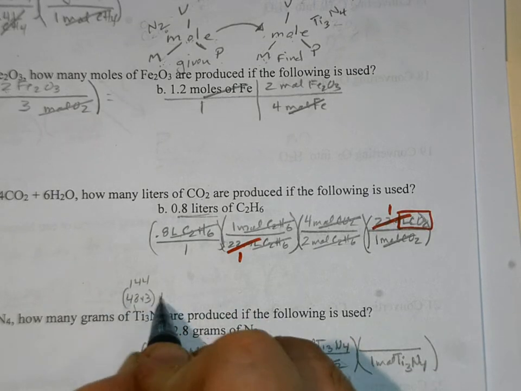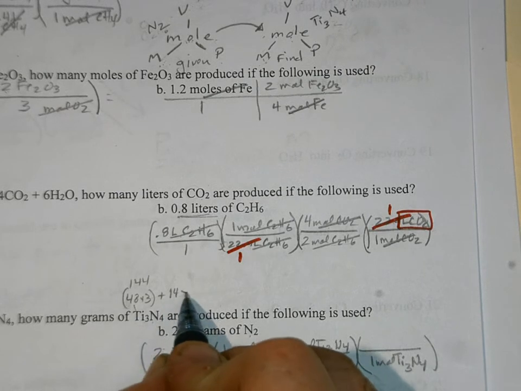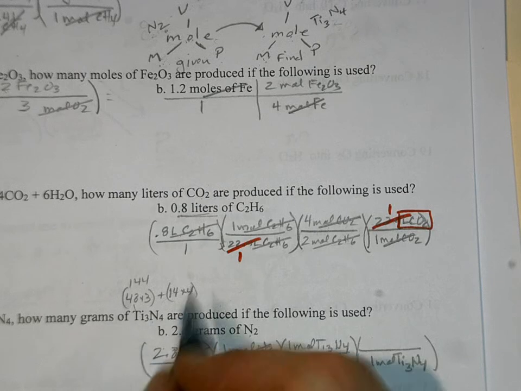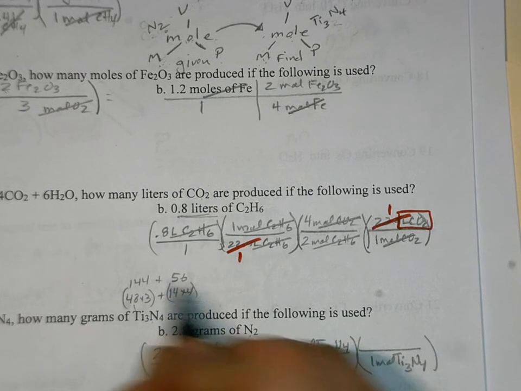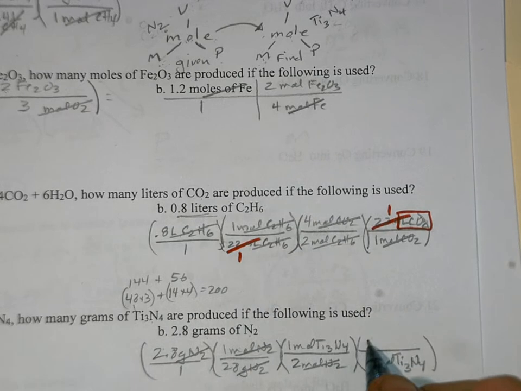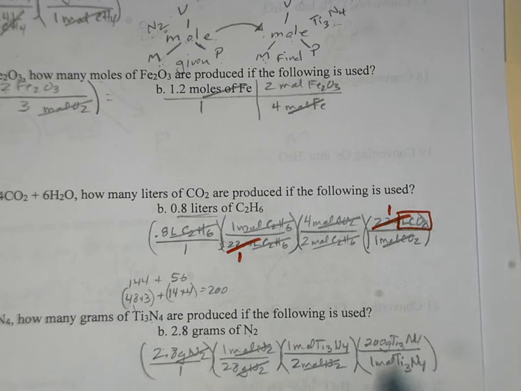Okay, so now we've got to add that to nitrogen's mass, which is 14, and there's 4 of those. When we multiply that together, I think that comes to 56. So when we add those two together, it's going to equal 200, which is 200 grams of Ti3N4.